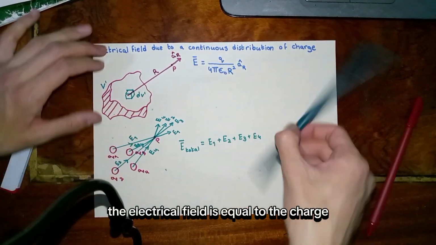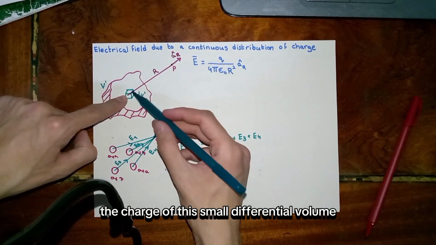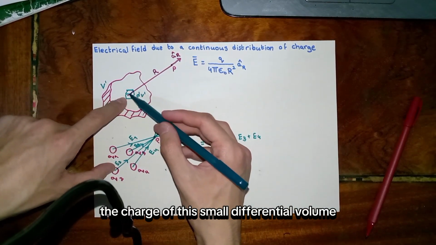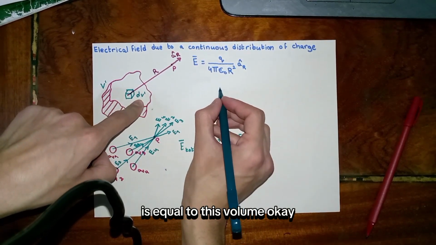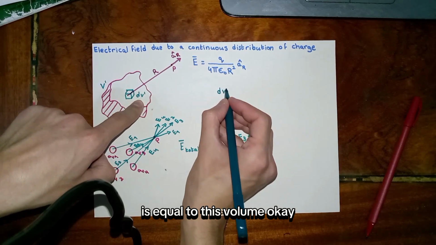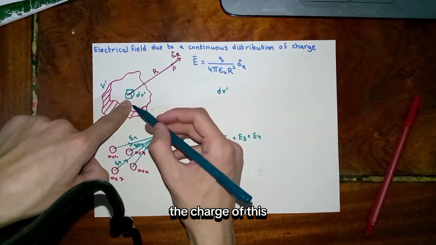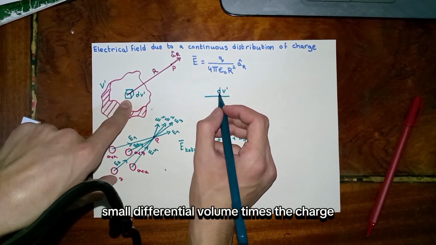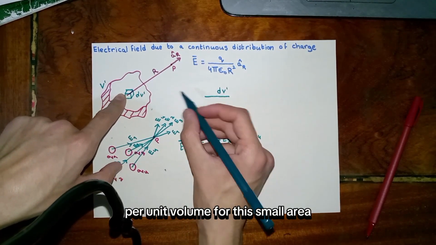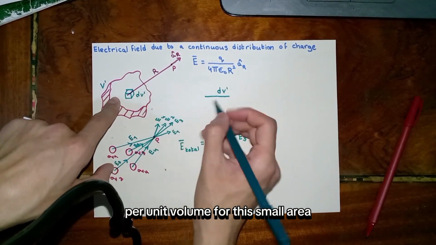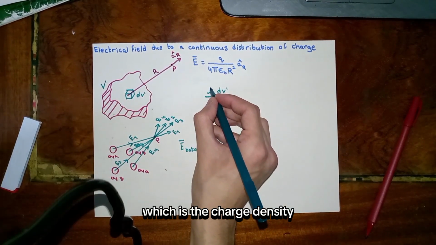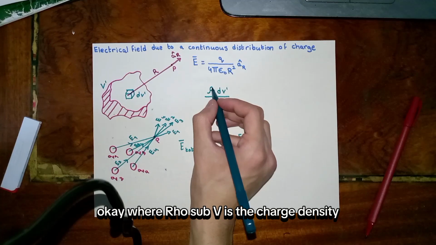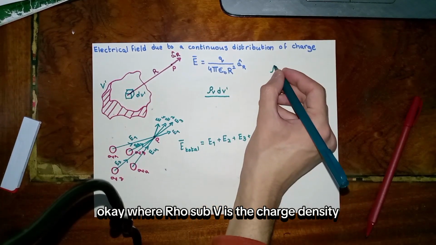The electrical field is equal to the charge. The charge of this small differential volume is equal to this small differential volume times the charge per unit volume, which is the charge density, where rho sub v is the charge density.